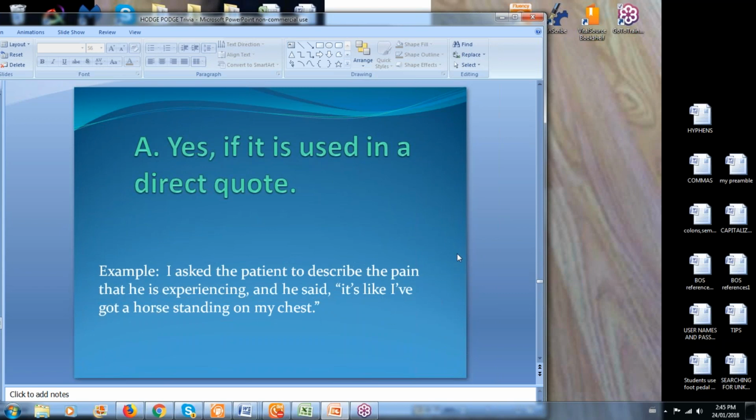So when they're quoting what somebody else said, and if they're using contractions when they say it, then yes, you can use contractions. But if it isn't a direct quote, then no, you cannot use a contraction. You have to expand. So if that wasn't in a quote, I'd have to say it is. Expand that to it is and expand that to I have.